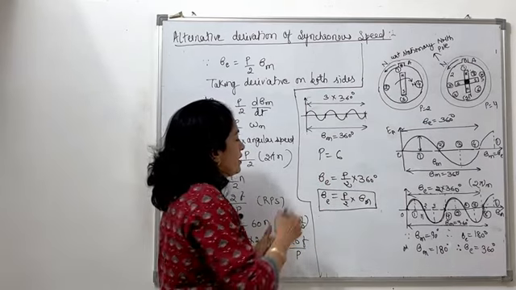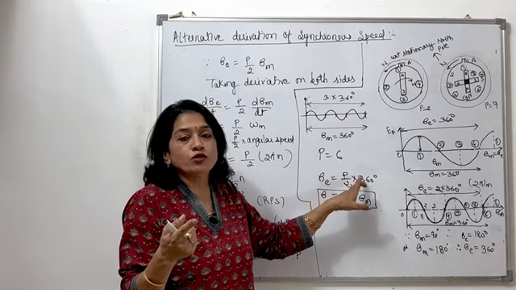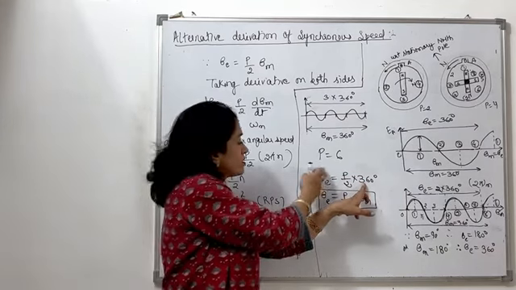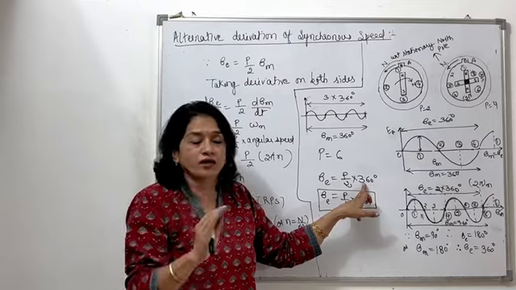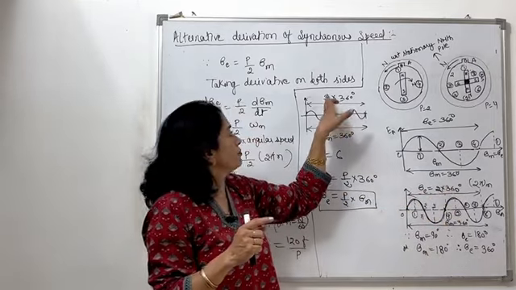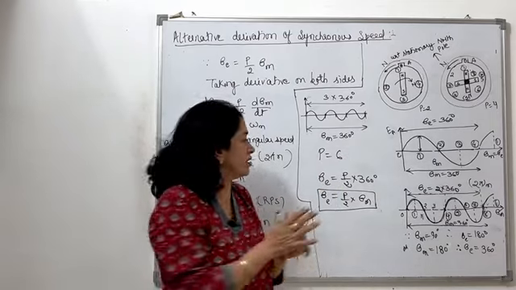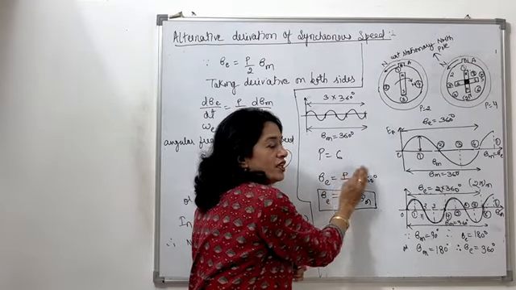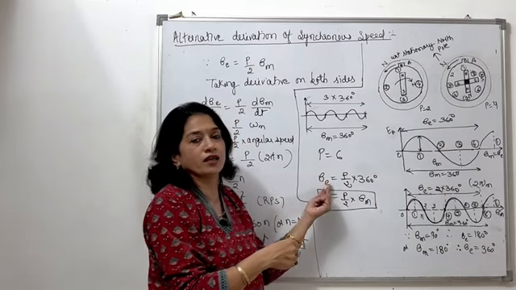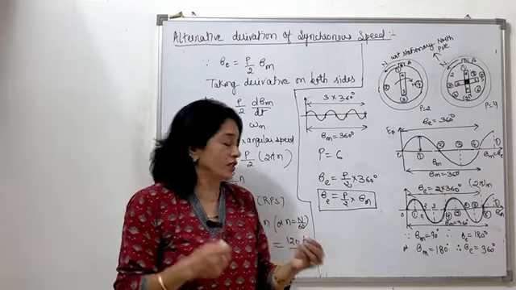So I can say that if P number of poles are there, P by 2 times 360 degrees of electrical angle would occur. Two pairs of poles, 2 into 360 degrees; three pairs, 3 into 360 degrees; four pairs, 4 into 360 degrees; P by 2 pairs into 360 degrees. This much electrical displacement would occur between the corresponding points.